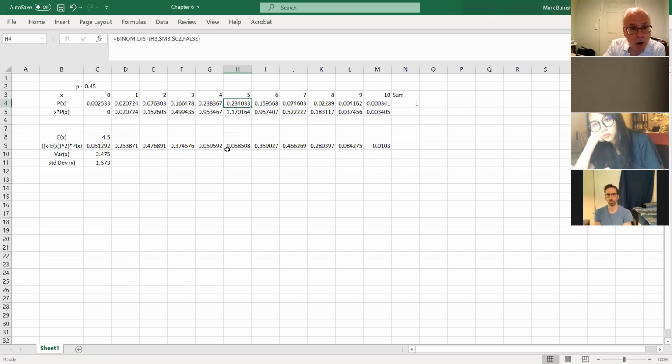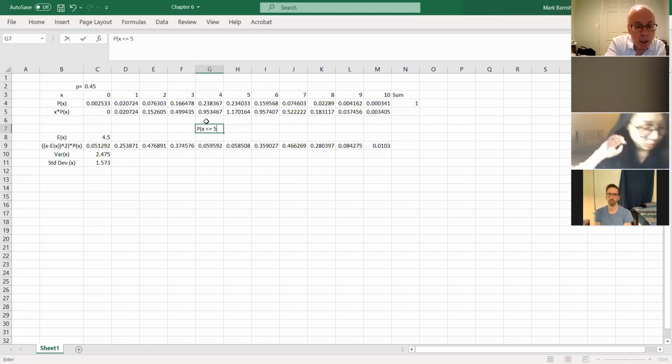So what if I wanted to know what's the probability that x is less than or equal to 5? I'll put it right down here, and I'm going to put my answer right in here.